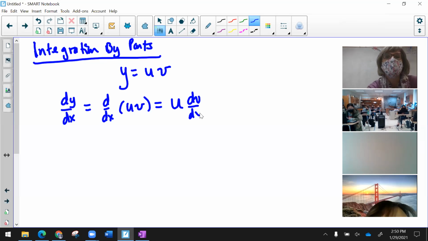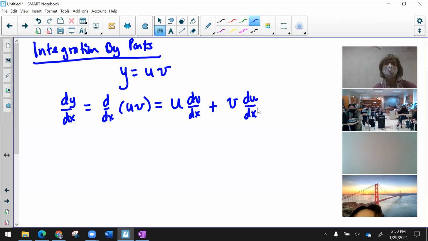Okay, so when I use the product rule, I take my first thing times the derivative of my second thing plus the second thing times the derivative of the first thing. It looks a little weird, but you've done this. If it was x squared times cosine x, you could do it in a snap.